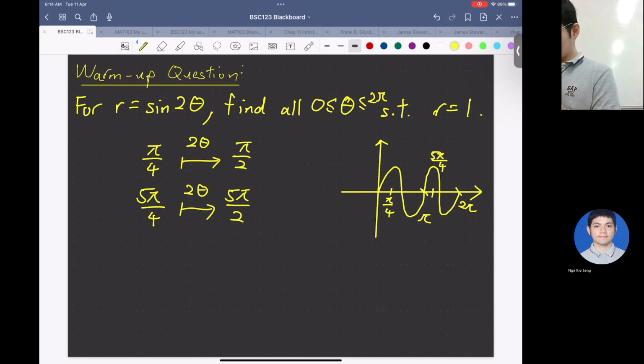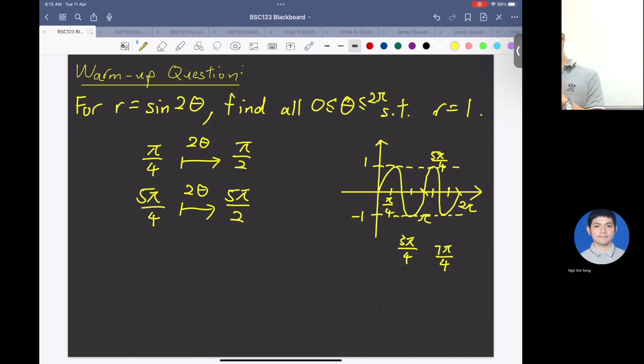Of course, here r equals 1, right? But you still have minus 1 here. So where does the graph get minus 1? 3 pi over 4 and 7 pi over 4.